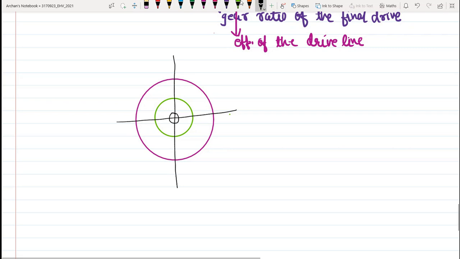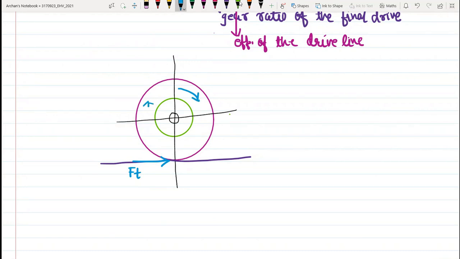Now what is happening? Here we have the road, and the vehicle is running on the road. So we will produce some tractive force over here at this edge. This is my tractive effort Ft, and the wheel is rotating in this particular direction.